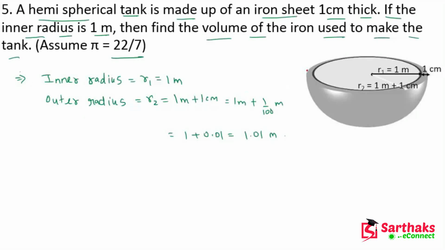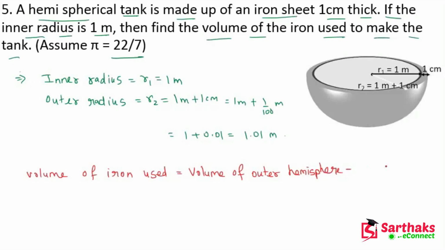Now the volume of iron used is equal to the volume of the outer hemisphere minus the volume of the inner hemisphere.